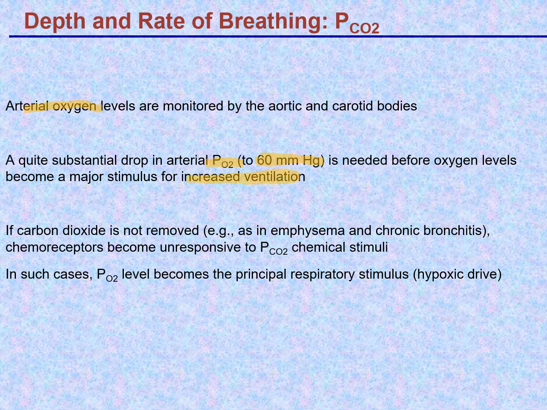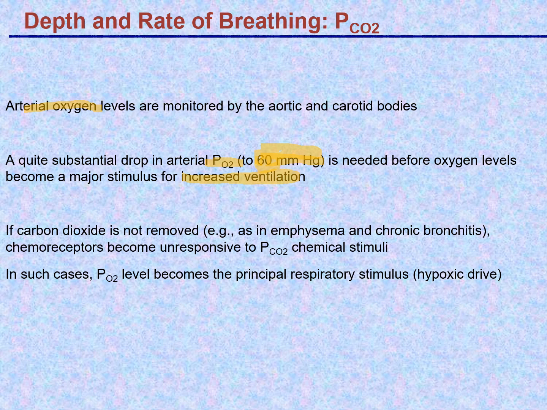But the major triggering for changes in ventilation rate is really PCO2 and pH, not O2. O2 has to drop quite low in the arterial blood, down to 60, before it triggers a direct effect.